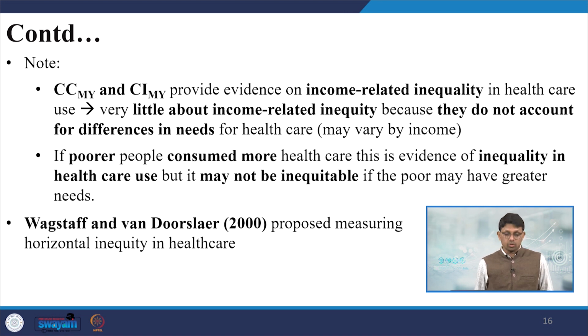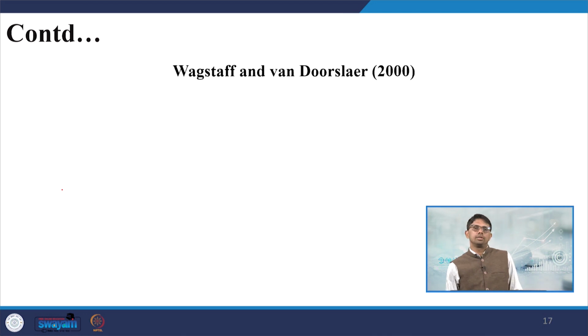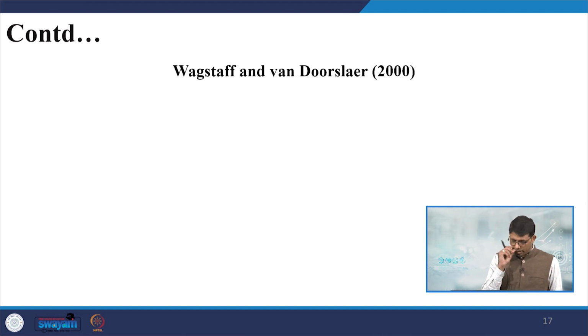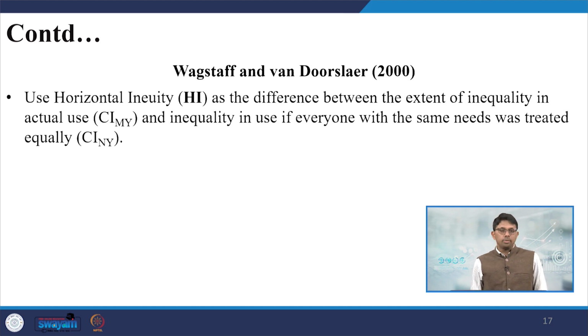Wagstaff and Doorslaer in 2000 proposed measuring horizontal inequity in healthcare. You may prepare for the quiz, and these might be asked in the UGC competitive exam as well. So, coming to horizontal inequity, HI is precisely the difference between the extent of inequality in actual use and inequality in use if everyone with the same needs were treated equally.